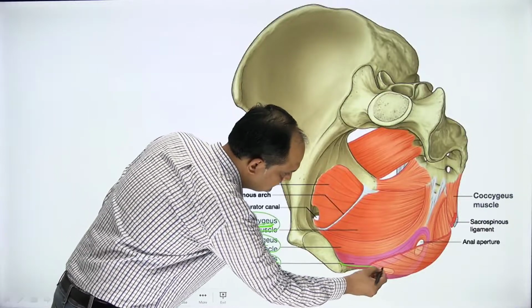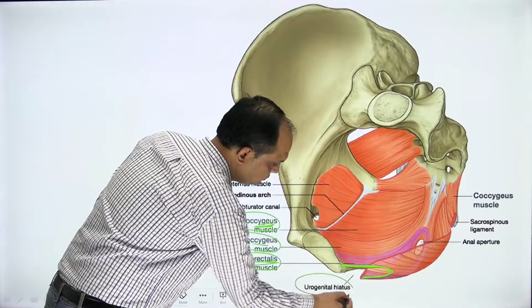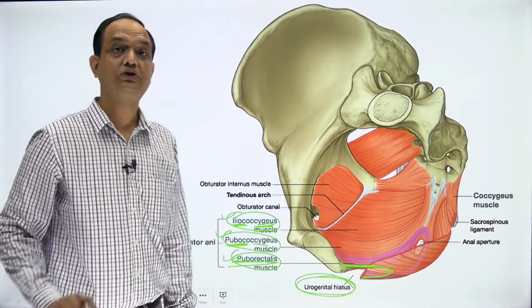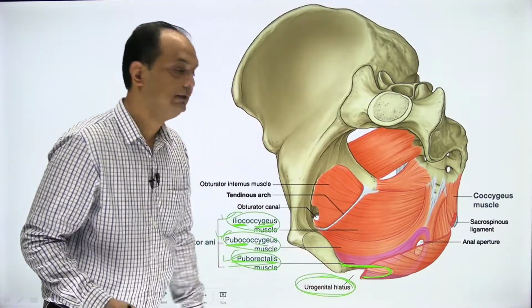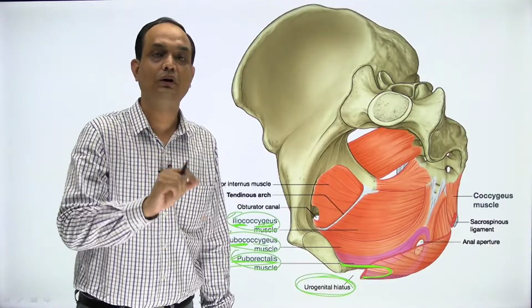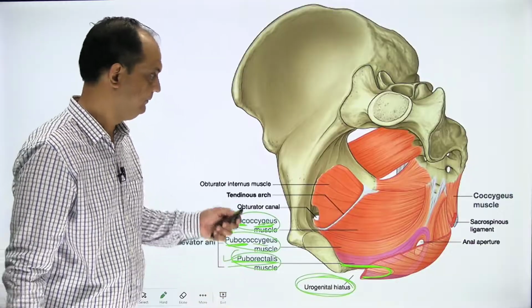This large aperture in the anterior aspect is known as the urogenital hiatus. What is that? Urogenital hiatus. Now this urogenital hiatus is further supported from below by one more diaphragm, known as the urogenital diaphragm.